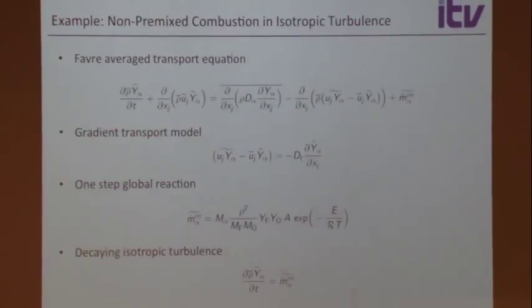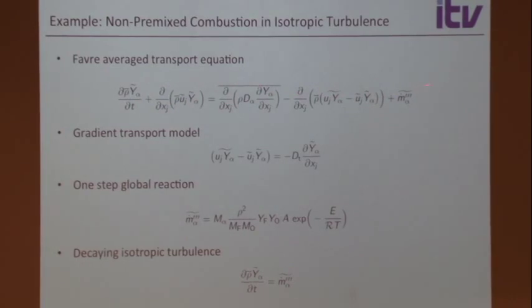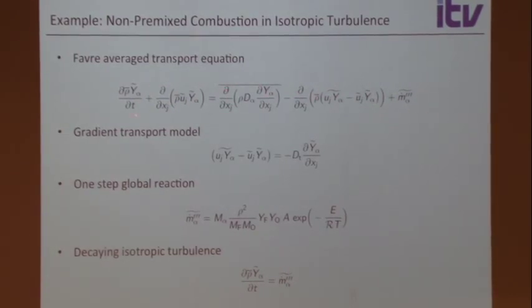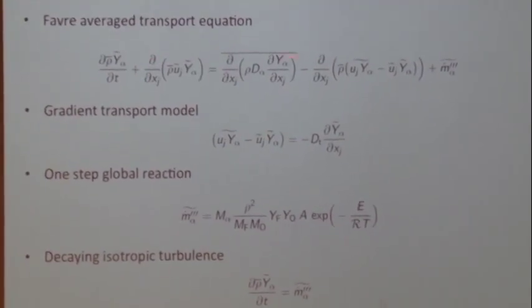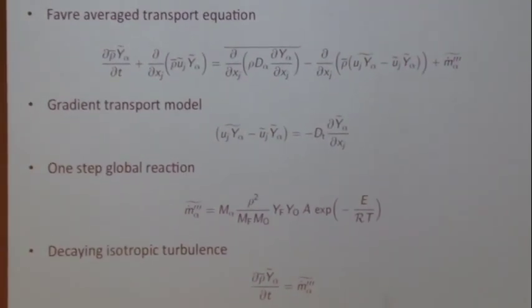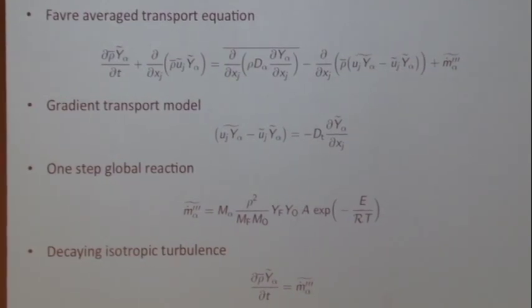So here's an example also. We take the mass fraction equations here, Favre averaged mass fraction equations, and now let's just say we write this for isotropic turbulence. Isotropic turbulence, remember, we said that statistics are the same in all directions, but also in each point.